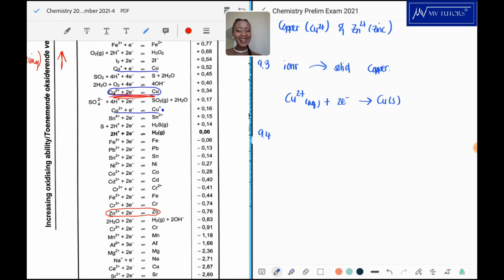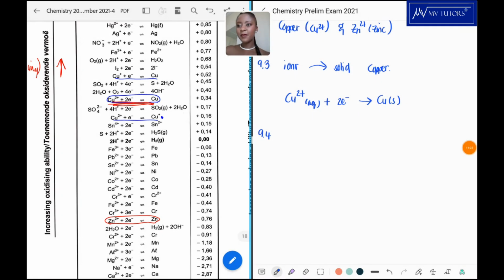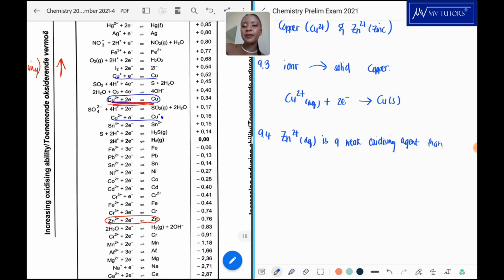But how do we put that nicely in words? Basically then, zinc is a weaker oxidizing agent than copper. We've seen it doesn't reduce as much as copper.